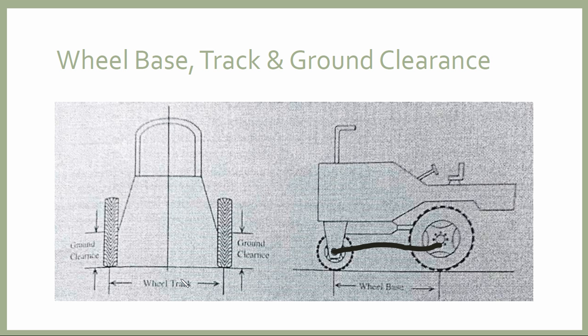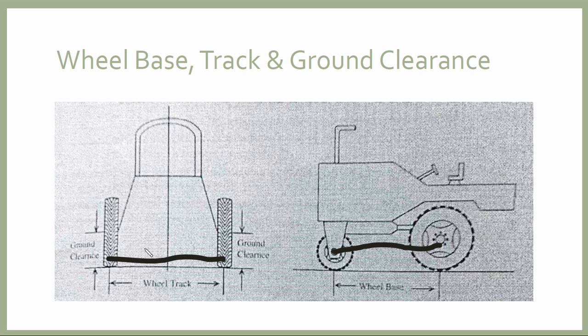Next is the wheel track. Wheel track is the horizontal distance when viewing the vehicle from the front side: the length between the center lines of the two wheels is called the wheel track.